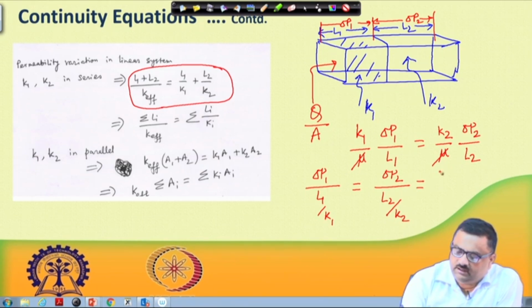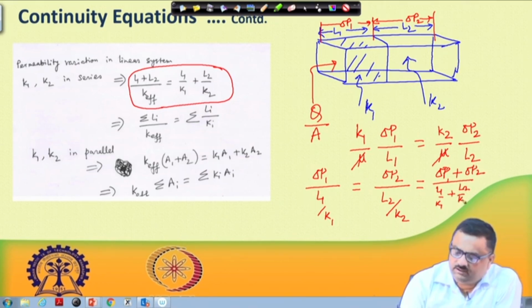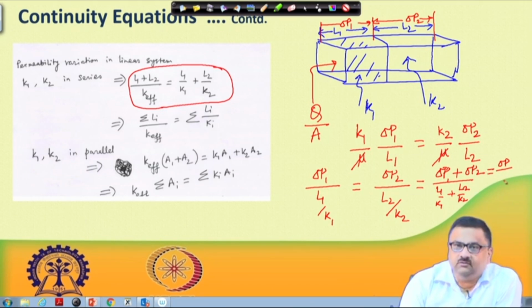delta P1, this is called, I think, componendo dividendo, delta P1 plus delta P2 divided by L1 by K1 plus L2 by K2, and delta P1 plus delta P2 is basically delta P divided by the sum that we talked about, L1 by K1 plus L2 by K2.